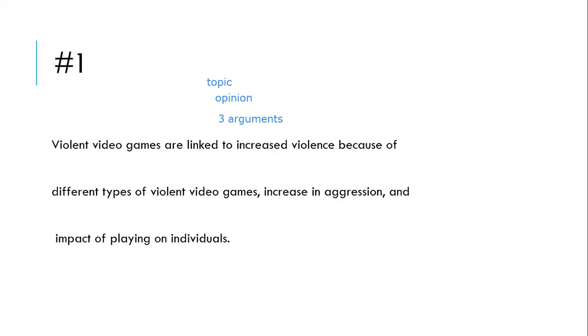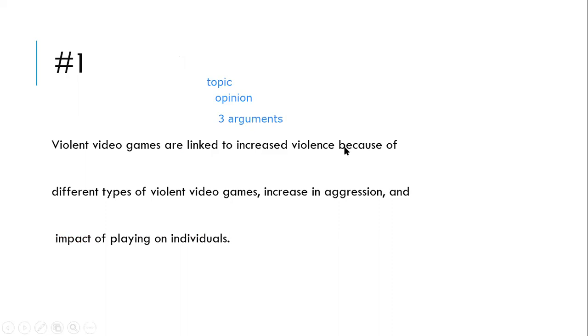Here is what the complete thesis statement will look like. Topic is violent video games. Opinion is linked to increased violence. And the three arguments are different types of violent video games, increase in aggression, and impact.